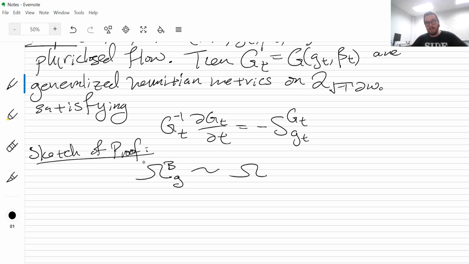It's the same thing as the Chern curvature of these capital G's, except you interchange some indices. So when you take the appropriate traces, right?